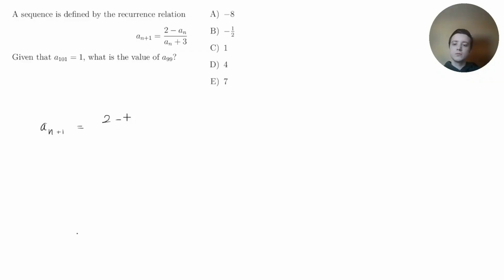So we can think of this as f of a_n, where the function f takes x and gives you (2 minus x) over (x plus 3).